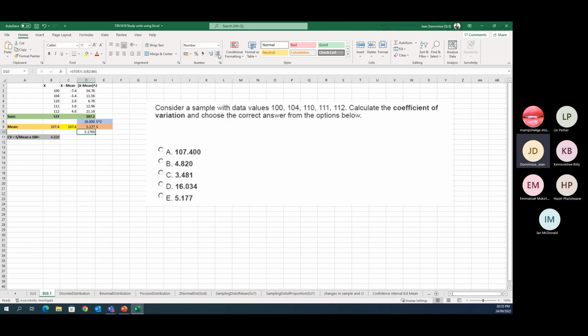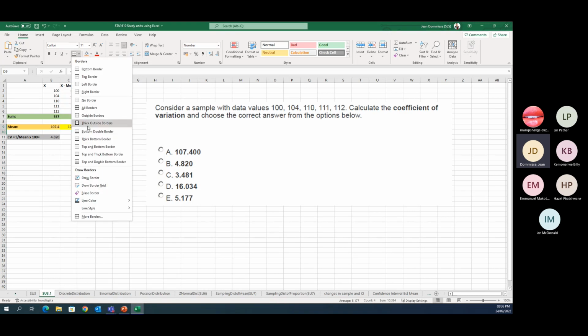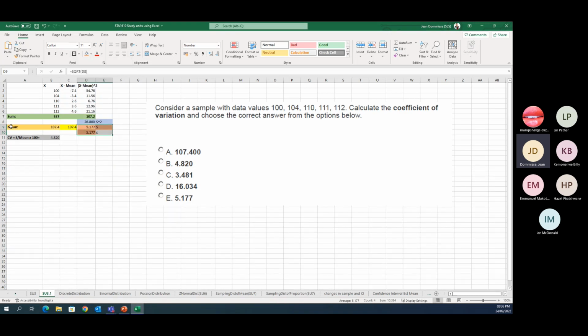So again, what is in here now for you, and I'll just save it as that, is that you can use all the Excel formulas that are in there, or you can use the formula as is given in your textbook. So I will definitely save it as that for you, that you can use both.